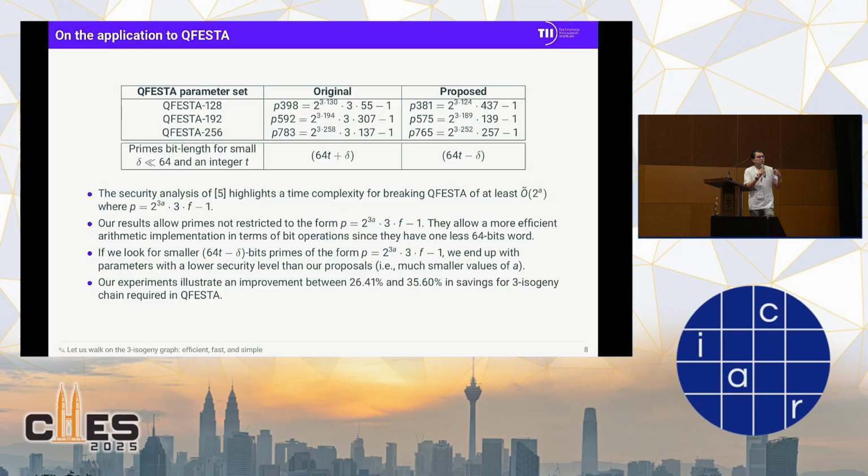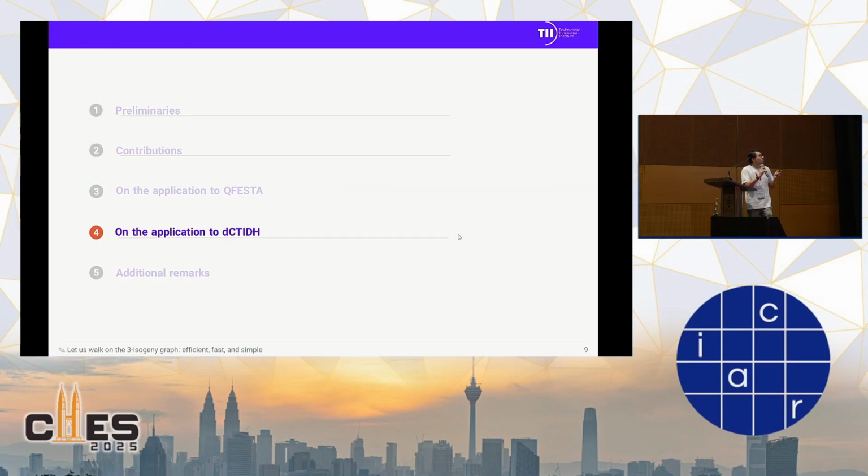The original QFESTA was only implemented in, I think, Sage and probably Julia, but not in C. The second application is that we try to see how to integrate with the DCTI, by the talk given by Andreas.